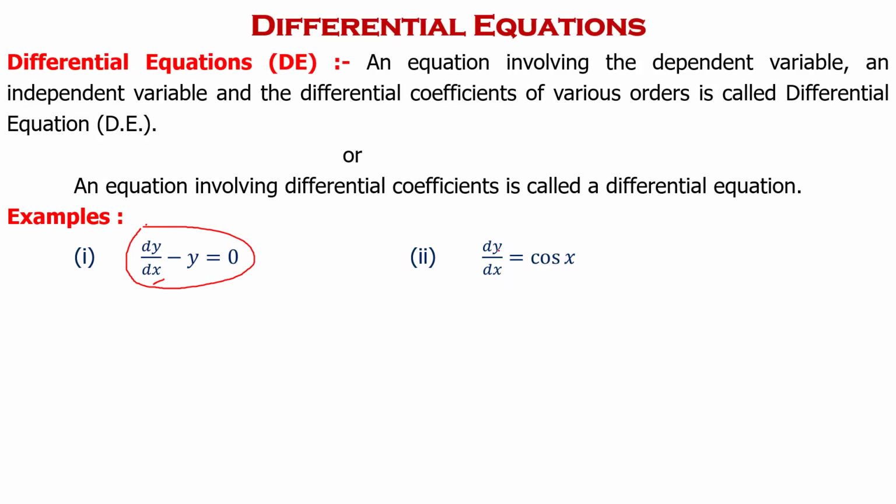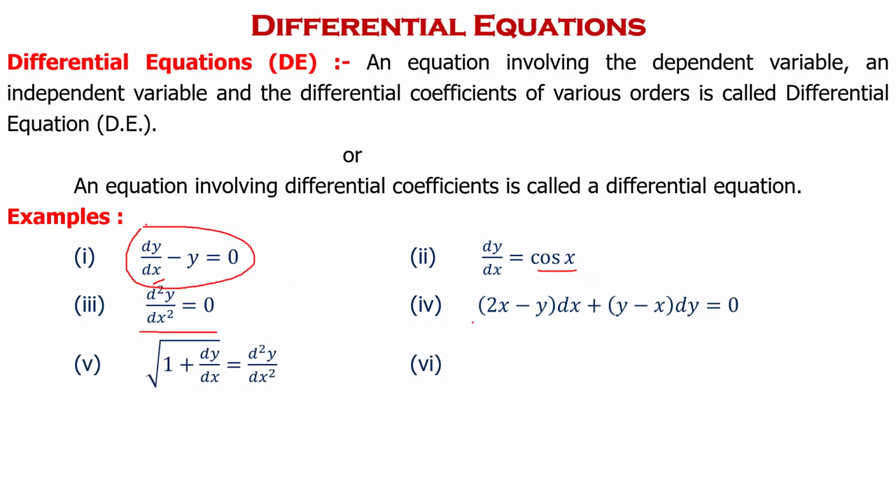Similarly, the second example, dy/dx is equal to cos x, is also an example of a differential equation. Now d2y/dx square, which is equal to 0, is also a differential equation. (2x minus y) dx plus (y minus x) dy equal to 0 is the fourth example of a differential equation.